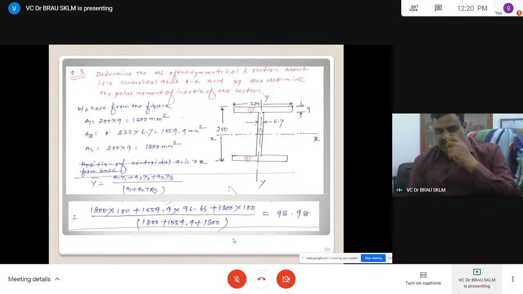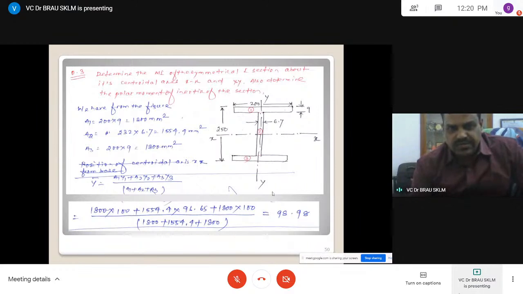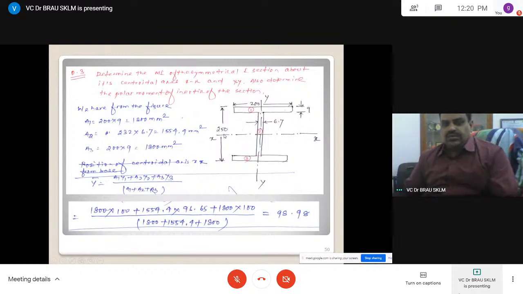Second rectangle is this one. The length is 250 and this length is 9. 9 and 9, if you subtract 18, 232. This is 232 into 6.7. A3 is 200 into 9.